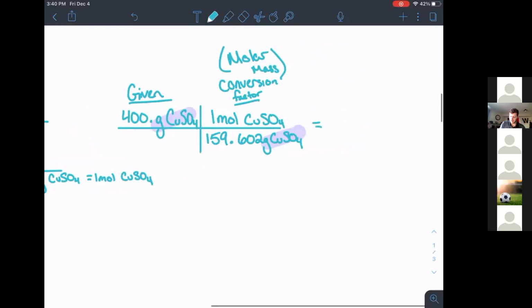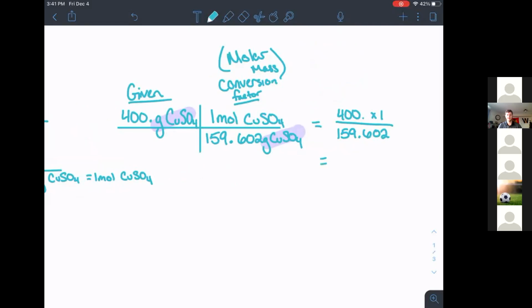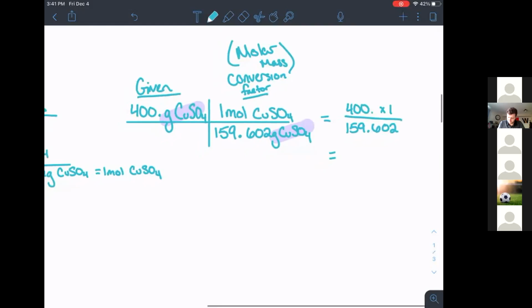So now we take that number of 400 times 1 divided by 159.602. And when we do that math, what do we get for our value of moles of copper sulfate? 2.506.